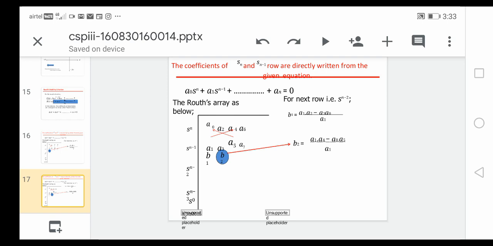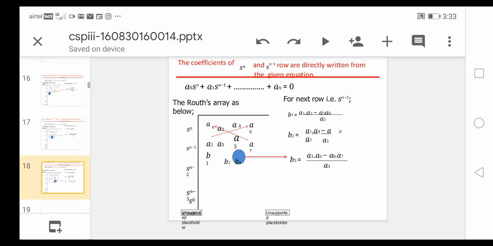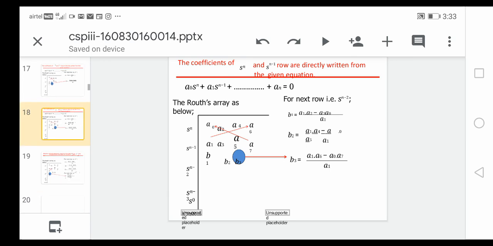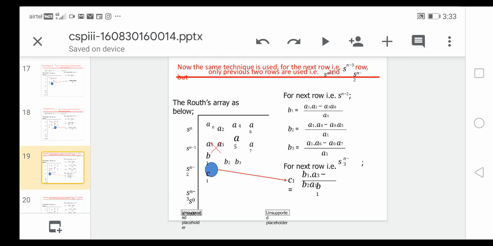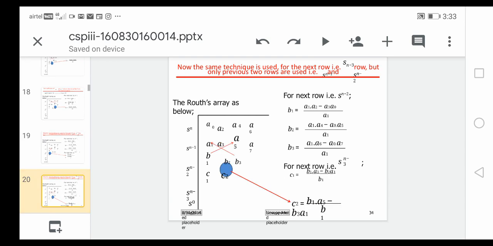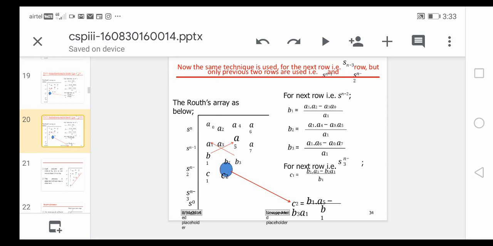Please observe this Routh array so that you understand clearly. b3 we also write down in the same way, with a1 into a6 minus a7 and so on. In the next row, how do we find c1? c1 is b1 a3 minus b2 a1 by b1, and c2 is very simple: b1 into a5 minus b3 into a1 by b1.